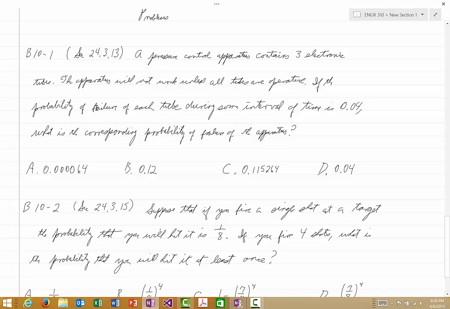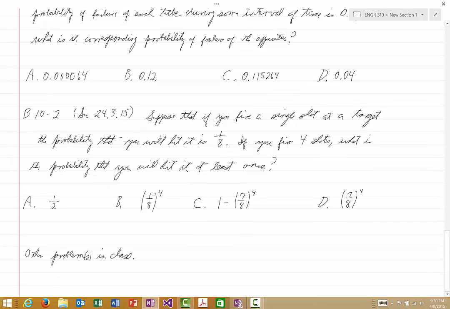If the probability of failure of each tube during some interval of time is 0.04, what is the corresponding probability of failure of the apparatus? And the answer here is exact, whichever one is correct. It is exactly correct. And the choices are A, 0.000064, B, 0.12, C, 0.115264, or D, 0.04.